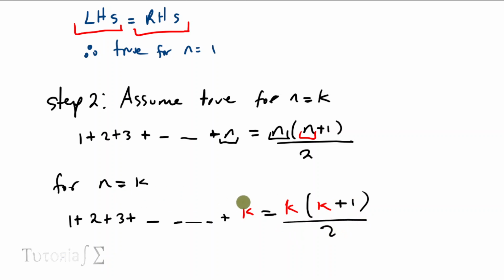Wherever there is n, we've replaced it with k. And we're done with step 2. We're just assuming that the statement is true for n equals k, because we've just replaced n with k. We've not changed the statement, so we can just leave it there.